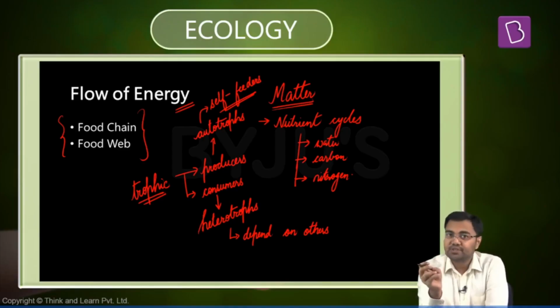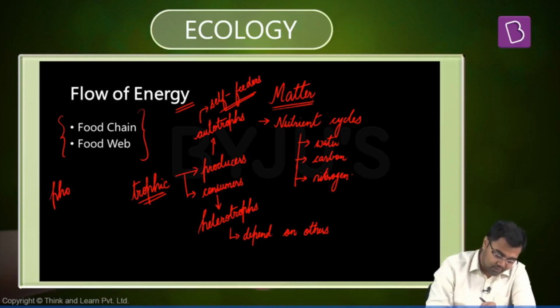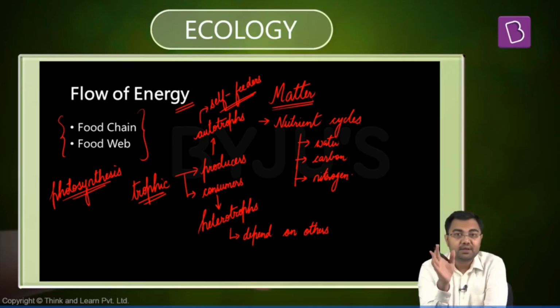So most of the producers are autotrophs, and on land most producers are green plants, and they follow a process called photosynthesis, which I'm very sure that all of you are aware of. You must have heard of this term, photosynthesis, in which the plants make their own food in the presence of sunlight and water.